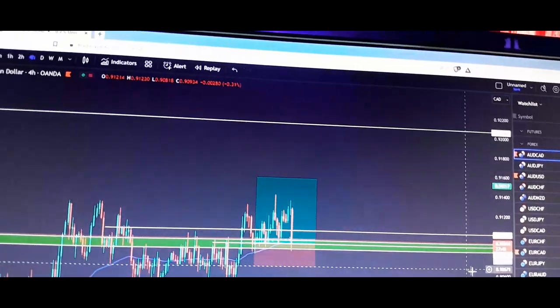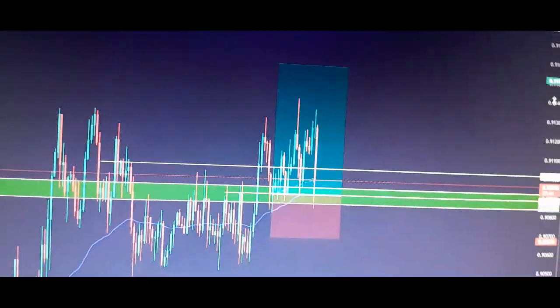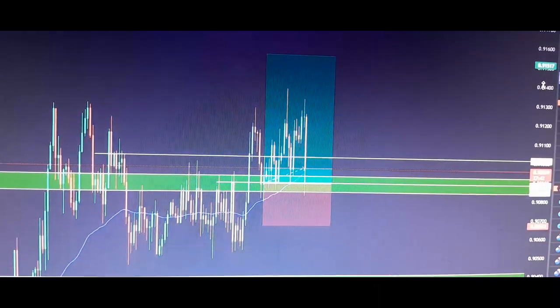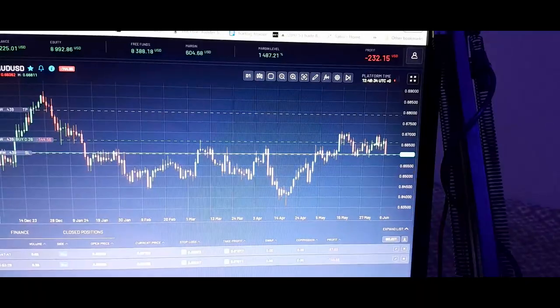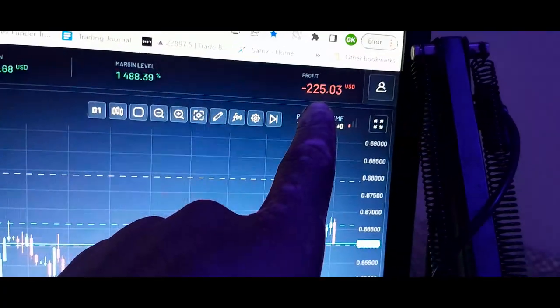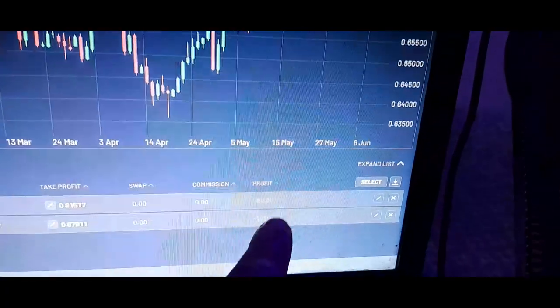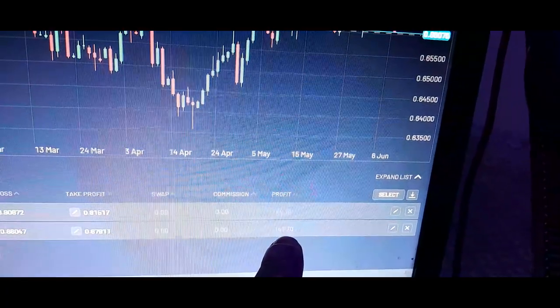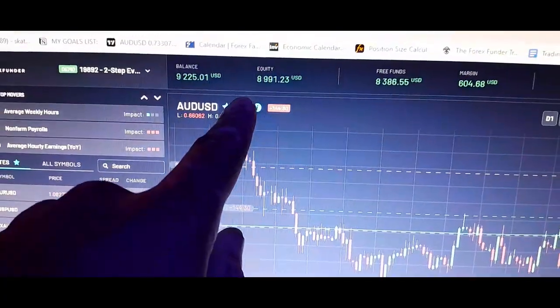Aussie CAD, guys. Oh shit. Let's see what price we're gonna do. Oh well, guys, look at what happened here. $225. You can see $140 in drawdown. Aussie dollar. Look at our equity.